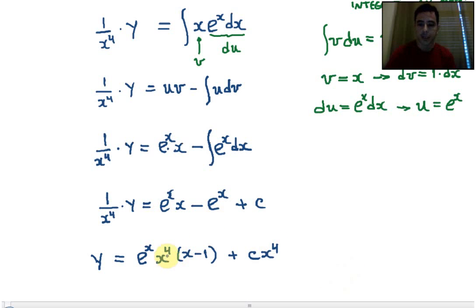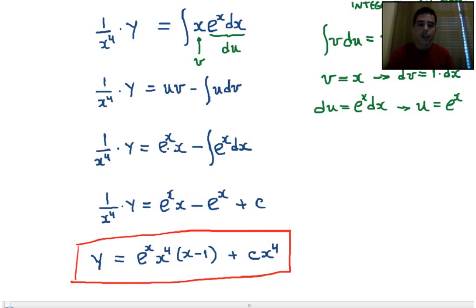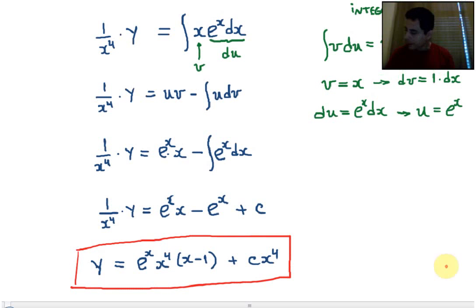So multiply both sides by x to the fourth. So that is the solution. Let me highlight that. This is actually example 3, so see example 3 on page 56.